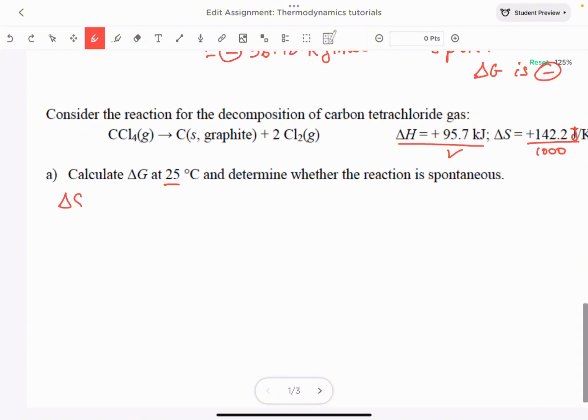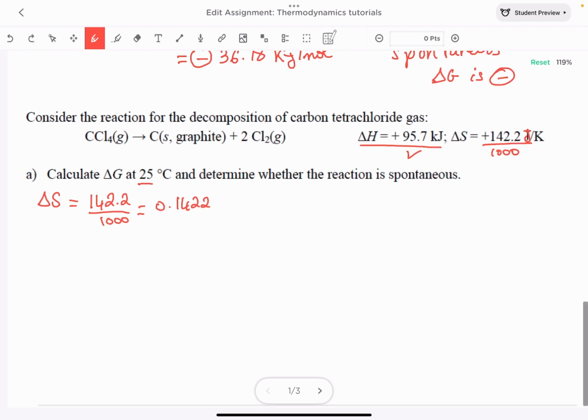So delta S is equal to 142.2 divided by 1000. That is equal to 0.1422 kilojoule per Kelvin. Now the temperature is in Celsius, and we need to convert it to Kelvin. So we add to it 273, and the answer would be 298 Kelvin.